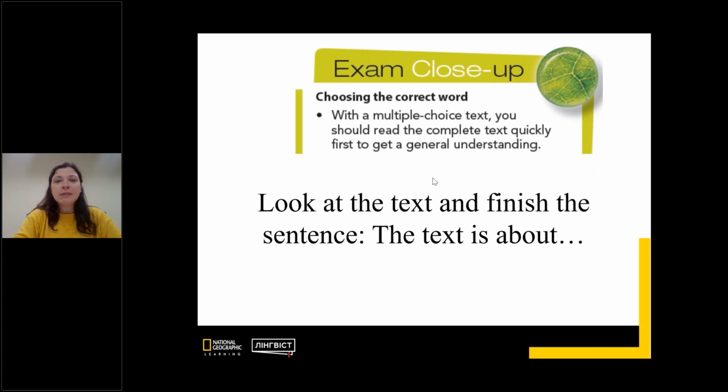The text is about busy big cities, crowded cities, stress of city life, hustle and bustle of the cities. Great expression, by the way. Life in the city, city life.